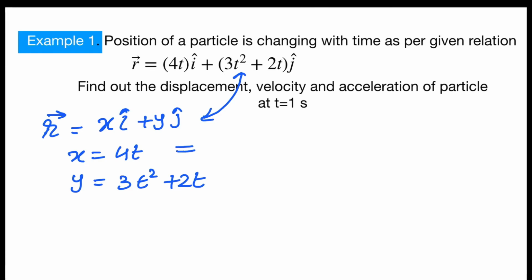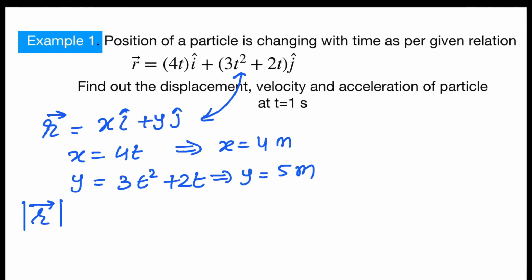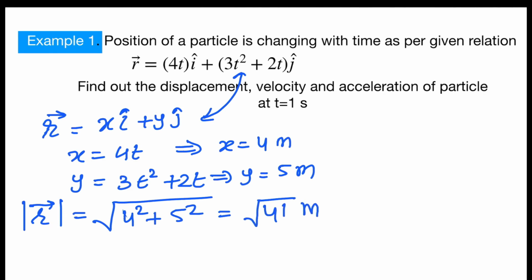So at time t equal to 1 second, x is 4 meter and y is equal to 5 meter. So the displacement of the particle at t equal to 1 second can be given by the magnitude of the displacement vector, which is equal to square root of x square, which is 4 square, plus y square, which means 5 square, and that is equal to square root of 41 meter.